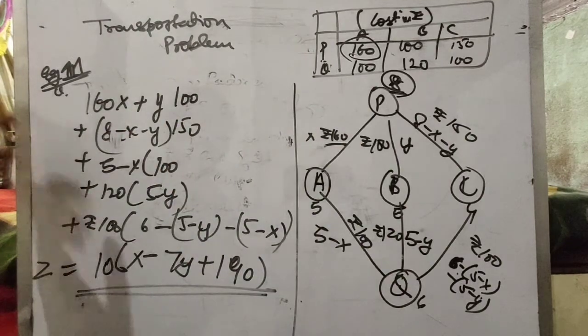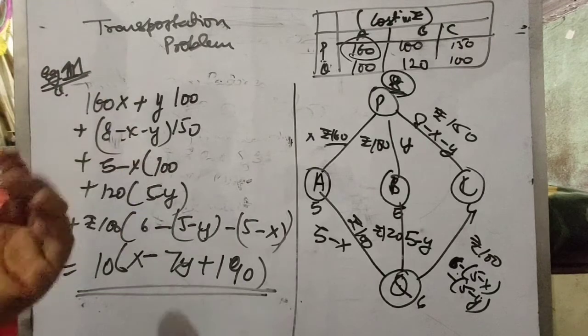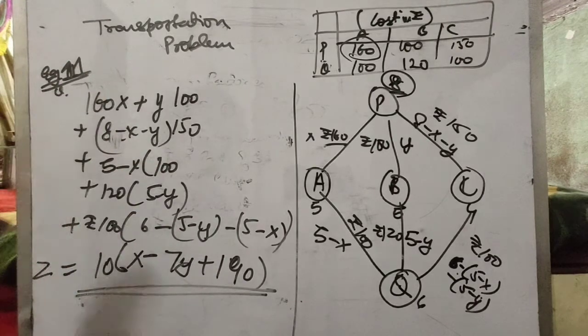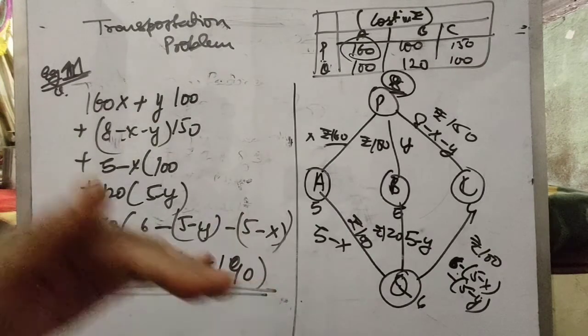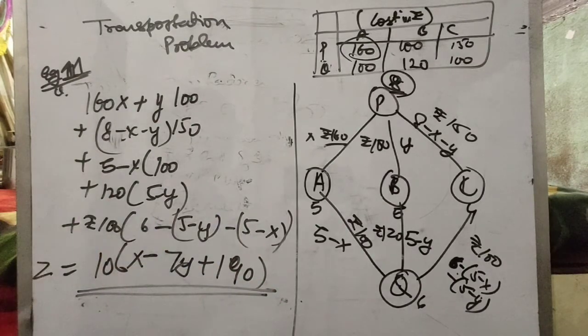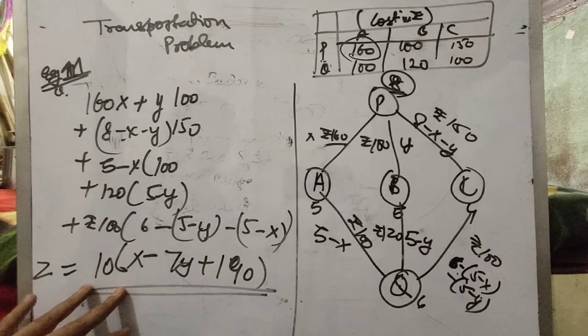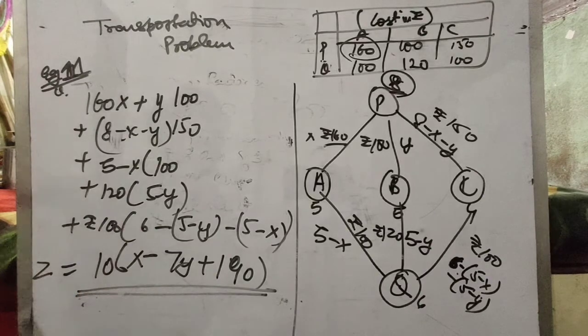You will plot your equations on the graph. As we did with question number 1 that I did in the starting, you have to similarly form the equations, solve them, and then plot the points on the graph, and finally you will get some points that you have to put in this Z to find the maximum value. So that's all with this.